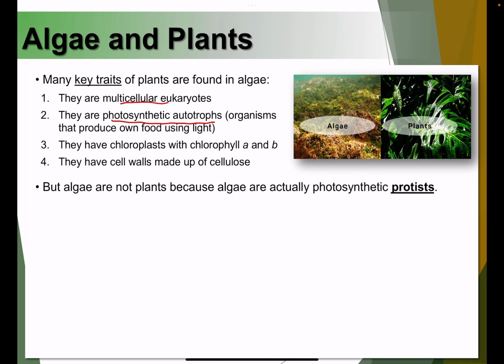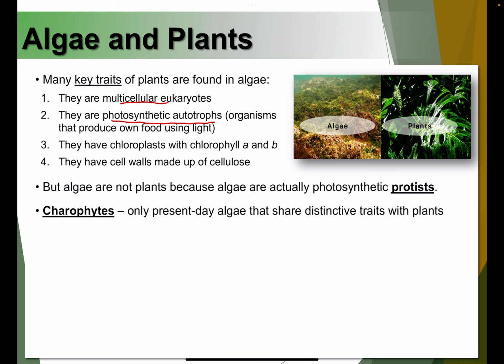But we must keep in mind that algae are not plants, because algae are actually photosynthetic protists. According to the five-kingdom classification we talked about in the last chapter, protista is a completely different kingdom compared to plantae. As I've mentioned before, a group of green algae called charophytes are the only present-day algae that share distinctive traits with plants.